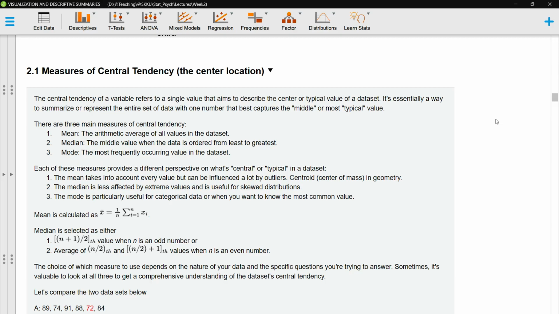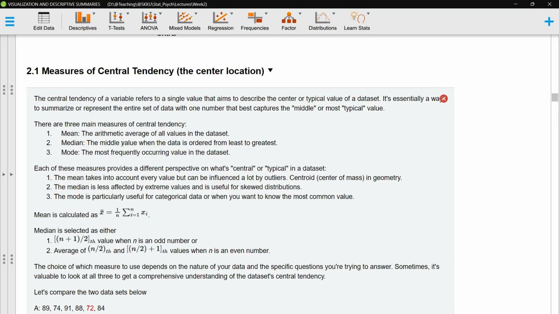So you know what it means. Let's look at each of the central tendency measures. There are three main measures of central tendency: mean, median, and mode. The mean is the arithmetic average of all values in the data set. We know that. The median is the middle value when the data is ordered from least to greatest.